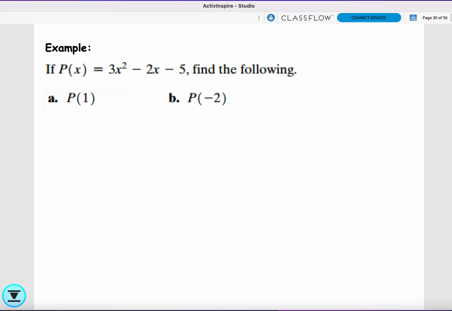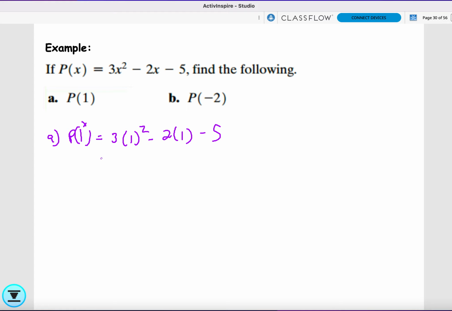Example. If p of x equals 3x squared minus 2x minus 5, find the following. A is p of 1. So p of 1 means wherever there's an x, I'm going to replace it with 1. So then it'll be 3 parentheses 1 squared minus 2 times 1 minus 5.